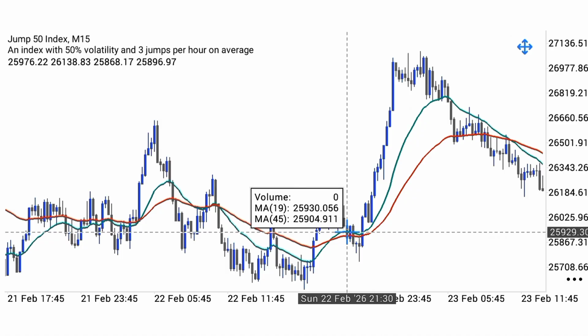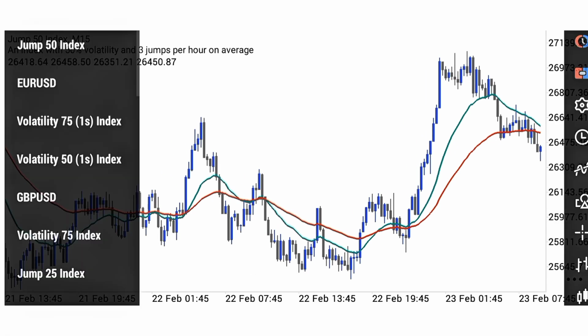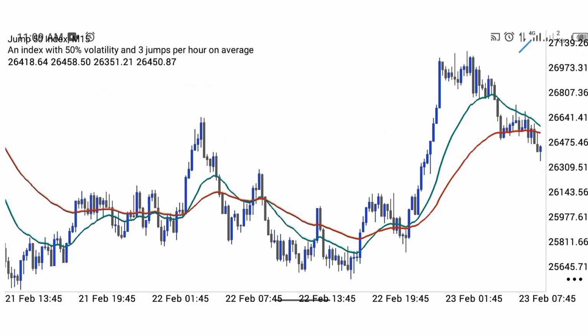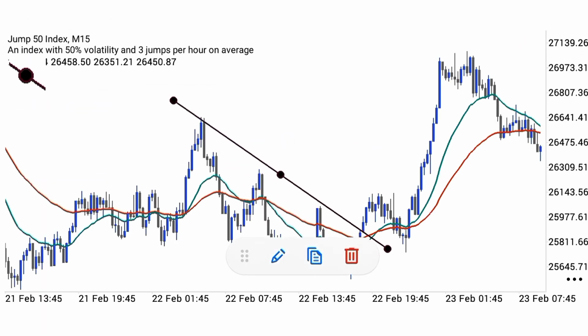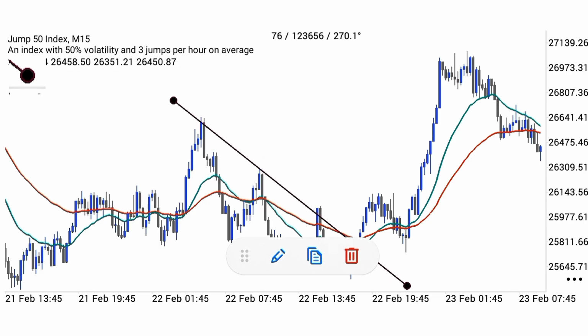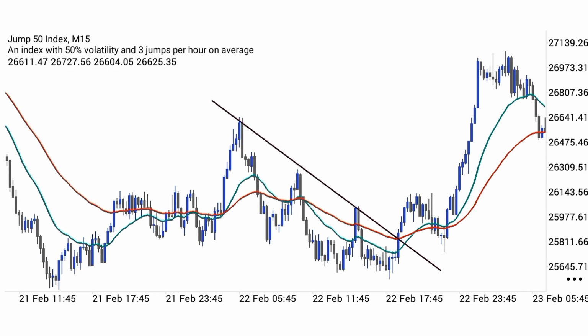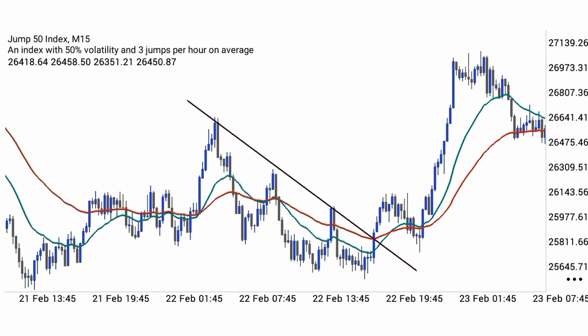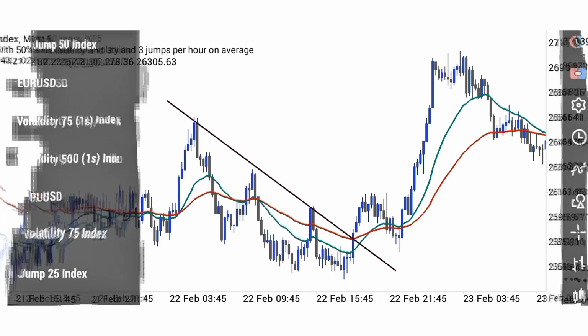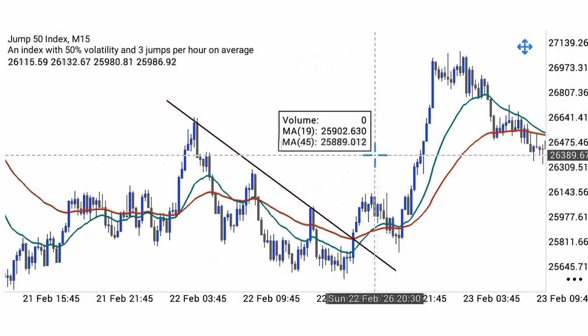For example, you can see that this trend was moving down. You can see it was moving in a downtrend here. So for this downtrend to change, the moving average is now telling us that this downtrend is going to change, okay, because of this crossover here.